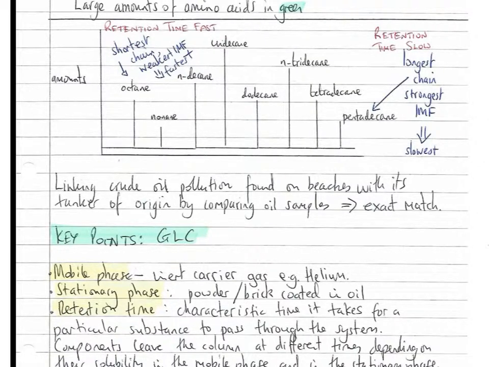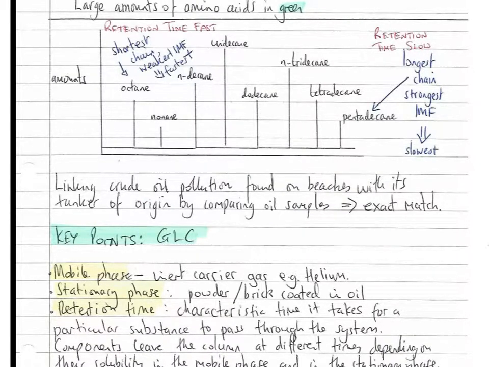It's very unique for each part of the world. Pentadecane has the longest chain length. It's 15 carbons, so it would have the strongest intermolecular forces with the stationary phase, so it moves through most slowly. And octane has the shortest chain, so it has the weakest intermolecular forces with the oil in the capillary tube, and so it will move very quickly through the machine.